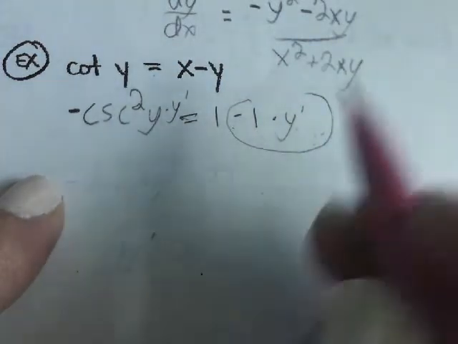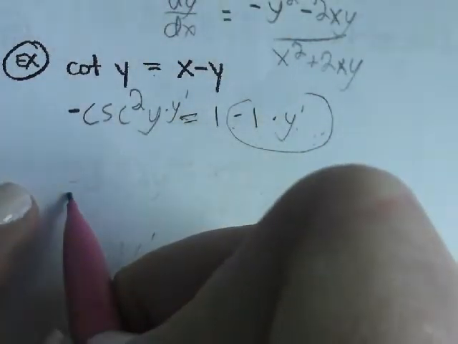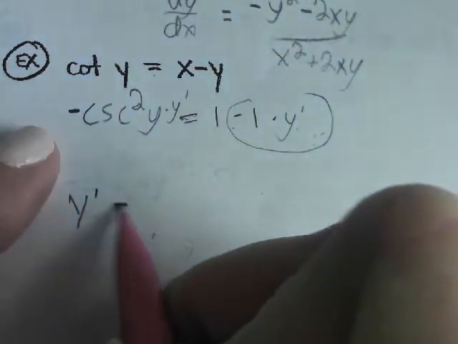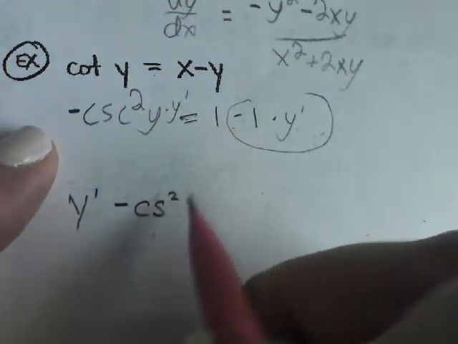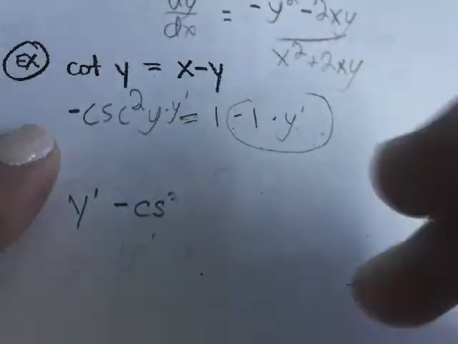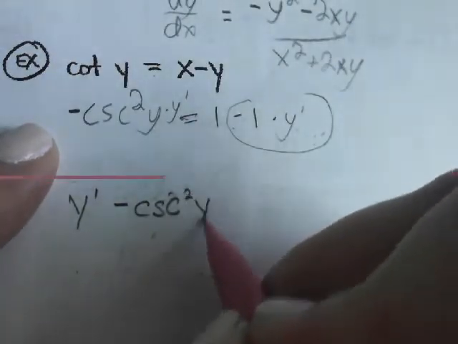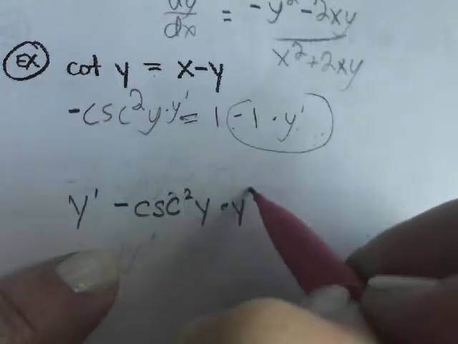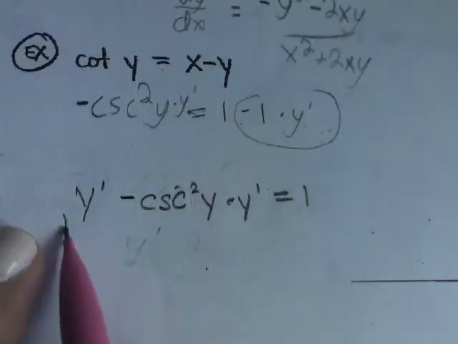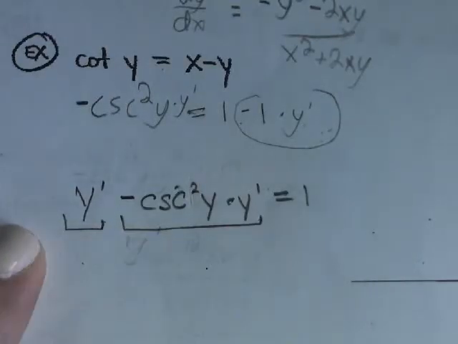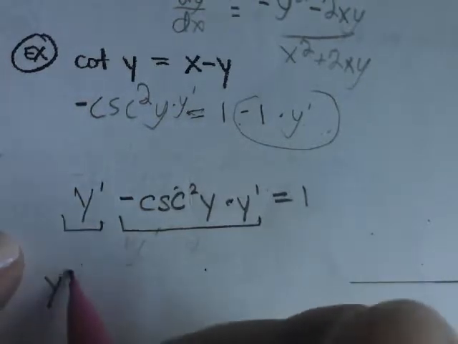And so now I have two terms, both of which have a y prime. I factor out my y prime. I'm left with 1 minus cosecant squared of y equals 1. Divide both sides by the binomial. And that's your dy dx.